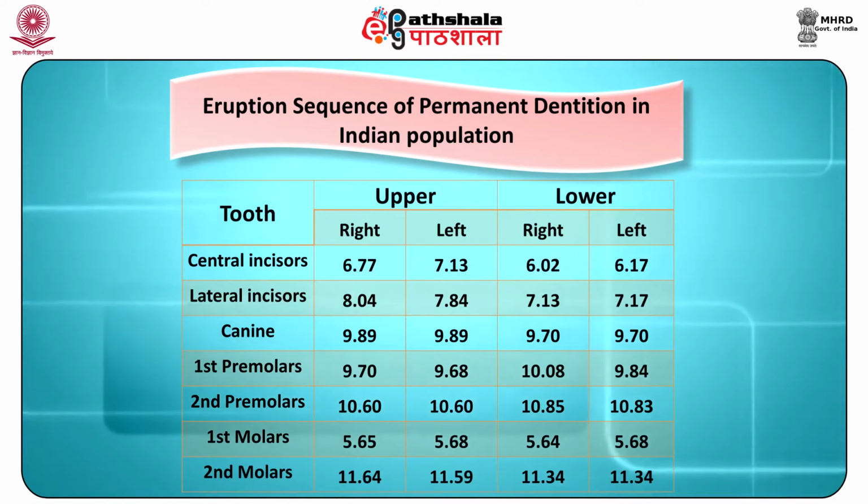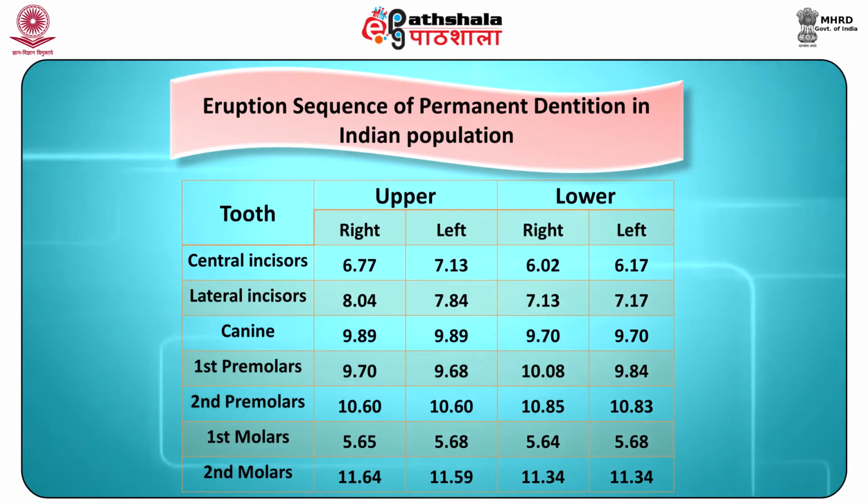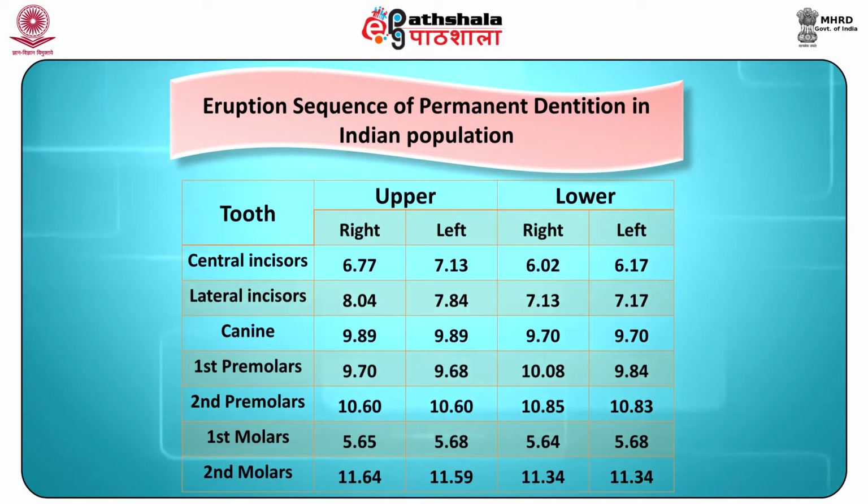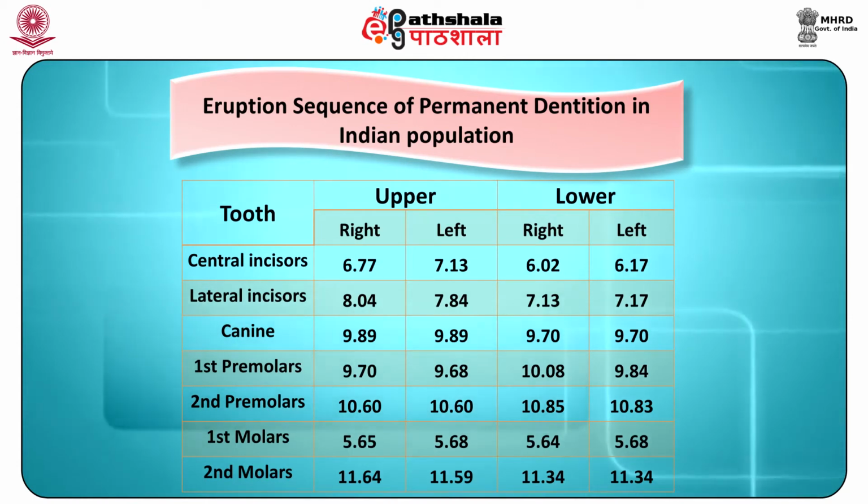So we can say it is the lower right central incisor which appears first, at around the age of 6.02 years, and it is the upper left central incisor which appears last.